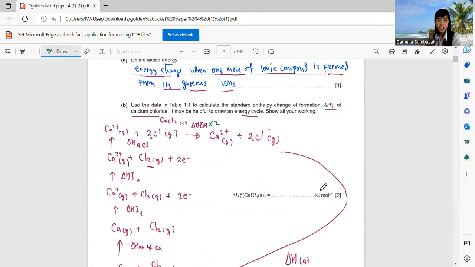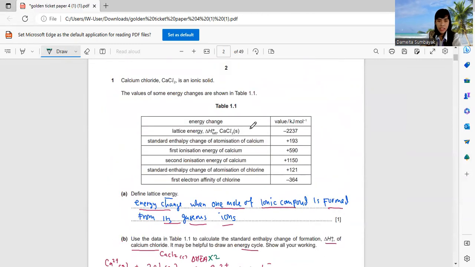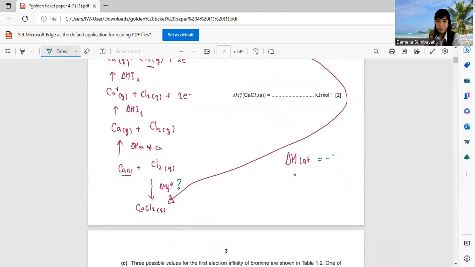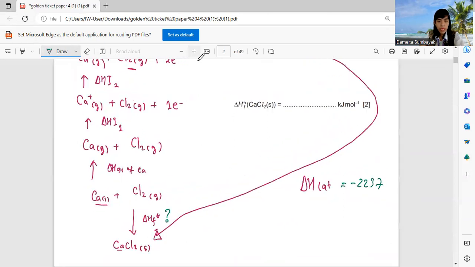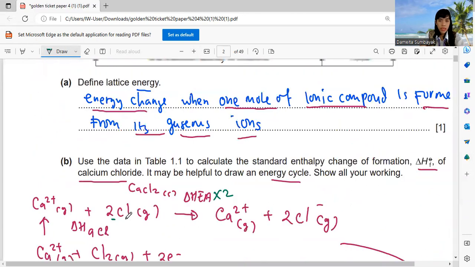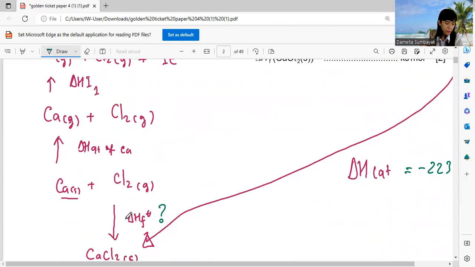Delta HF is the one that we need to calculate. Delta H lattice, we have minus 2237. And then delta H atomization of calcium is positive 193.